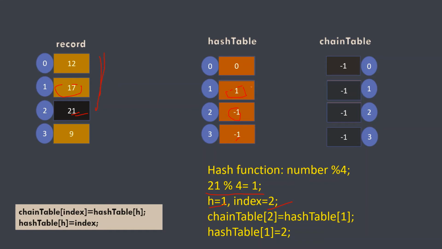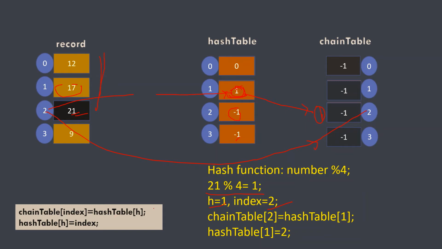Now what can we do? How do we keep the record of which entries in the record have the same hash value? What we can do is, at index 2 in the chain table, store this one right here, and update the hash table with the index of the new entry.